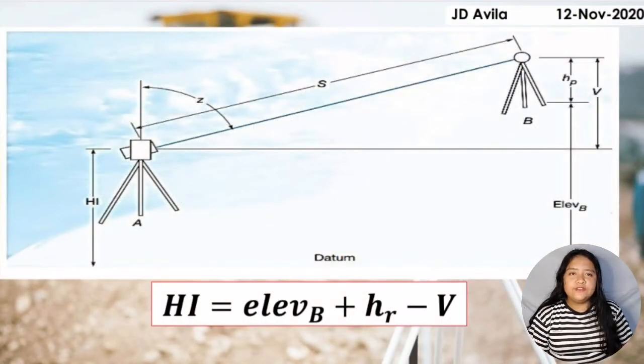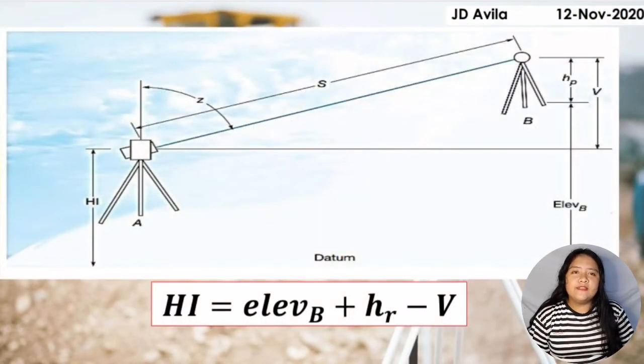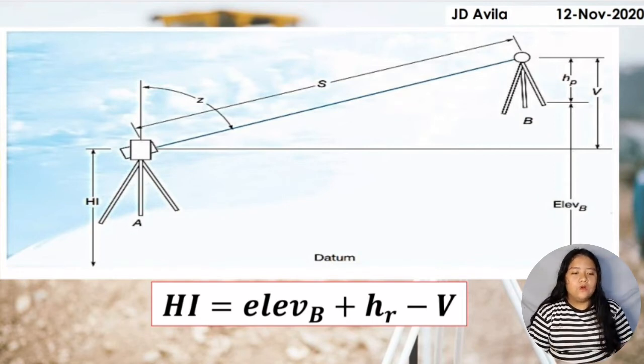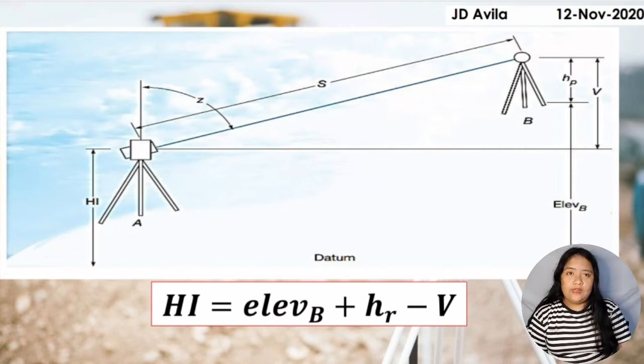We have here an illustration where the instrument is located at station A of unknown elevation, and station B, whose elevation is known, is sighted.